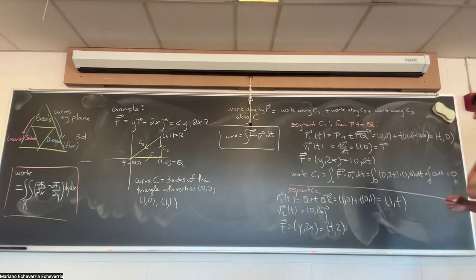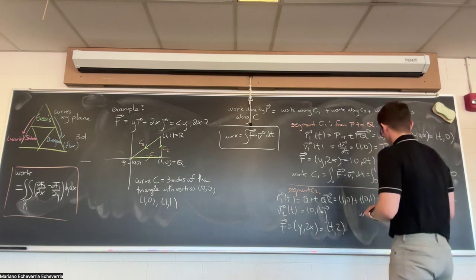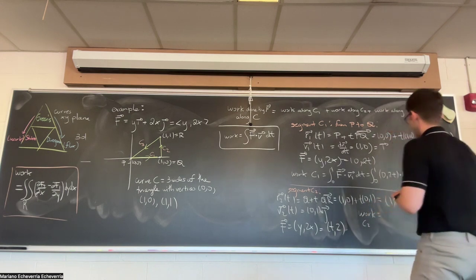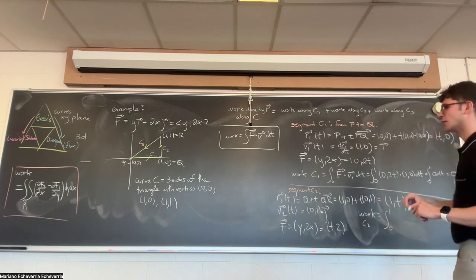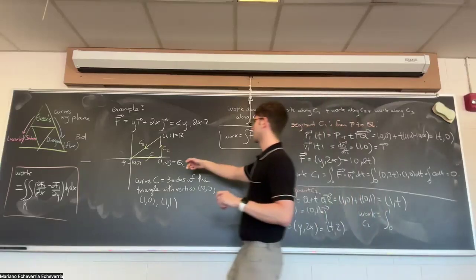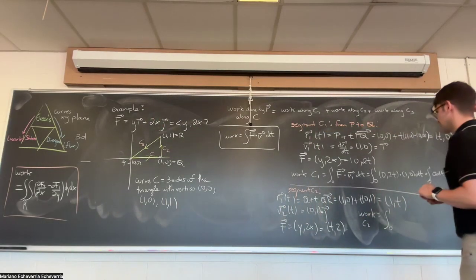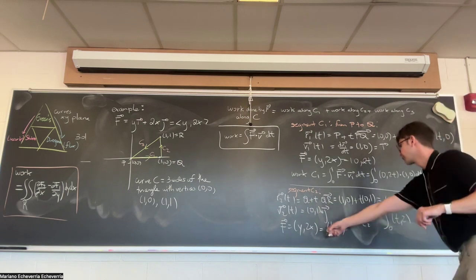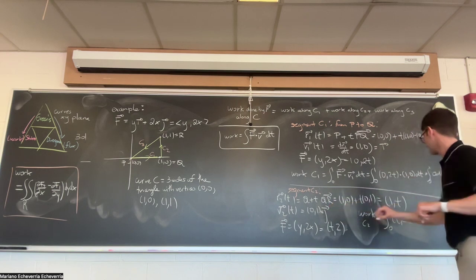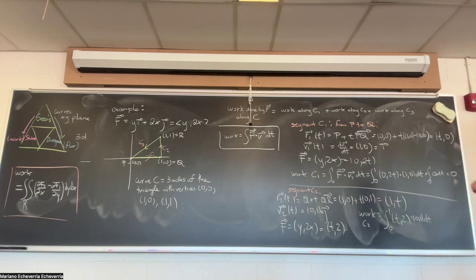So the work for the second segment is that dot product. This goes from 0 to 1 because at time 0 you are at Q, and at time 1 you are at R. So it gives you t comma 2, that's the force, dot the velocity vector 0, 1, dt.